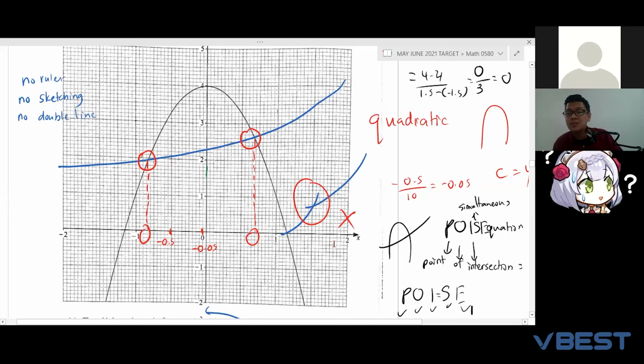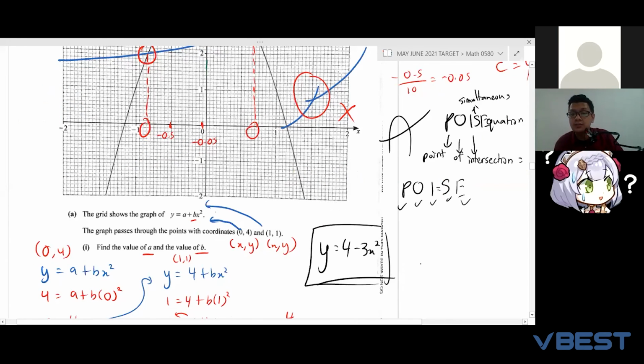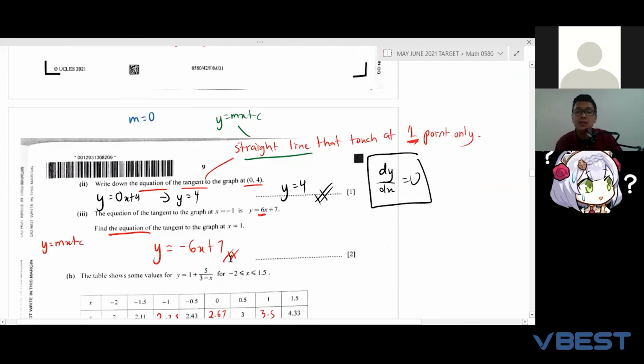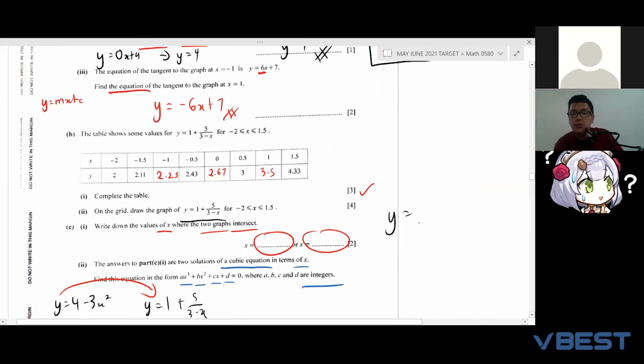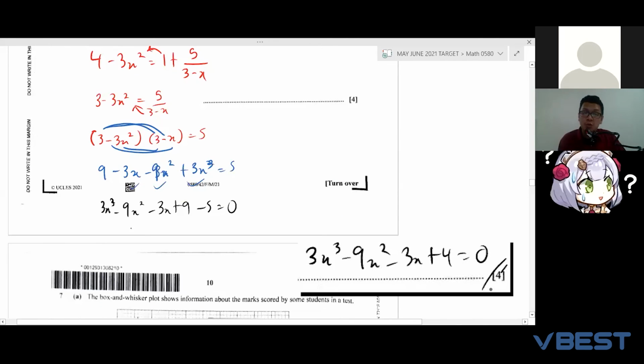So what are the equations that you have? You have this 4 minus 3x squared, and another equation, y equal to 1 plus 5 over 3 minus x. Then you just substitute that and do it correctly: 3x cubed minus 9x squared minus 3x, and then 9 minus 5 becomes 4, equal to 0.